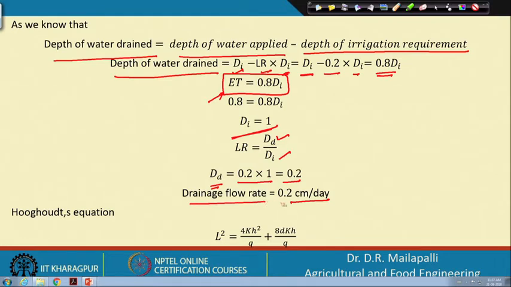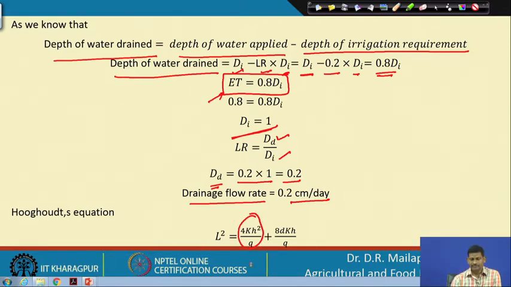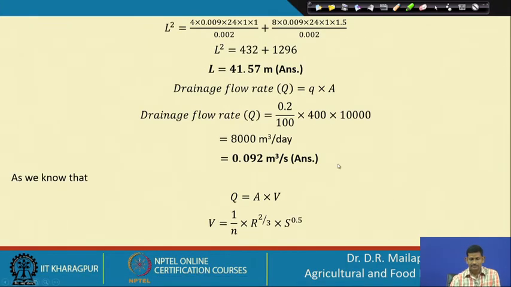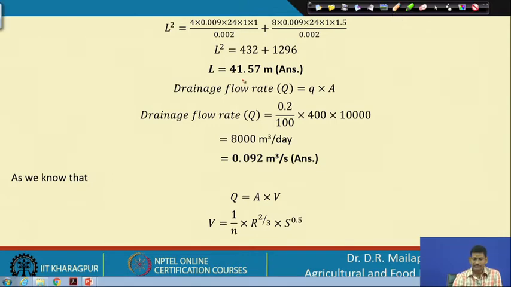See, drainage flow rate is equal to 0.2 centimeter per day, and now using the Hooghoudt equation. This is the contribution of drainage water just above the drain flow, above the drain base depth and below the drain base depth. All values are known except L, so you can easily find out the value of spacing; substituting the values you get 41.47 meters.